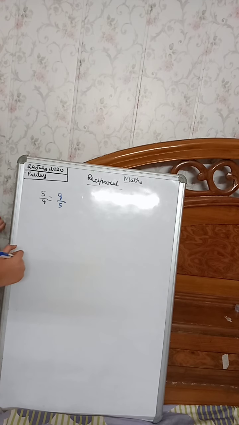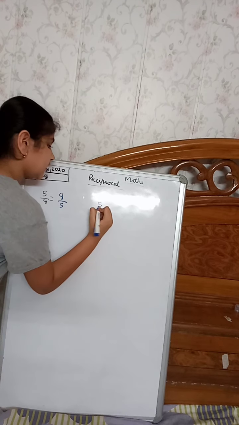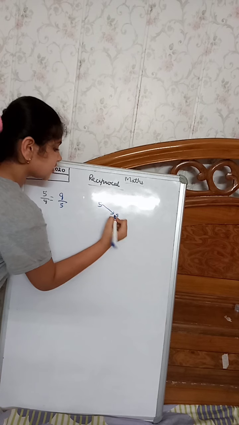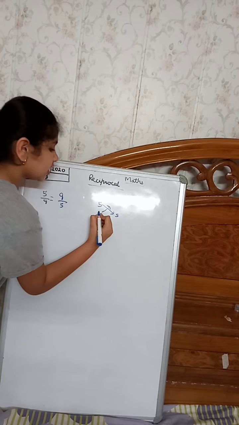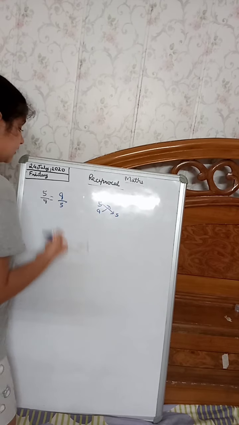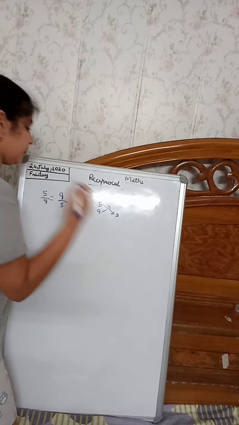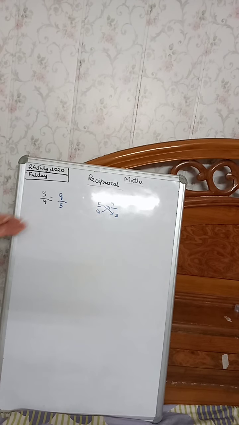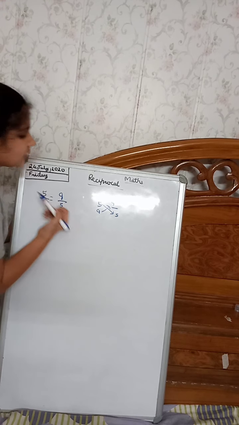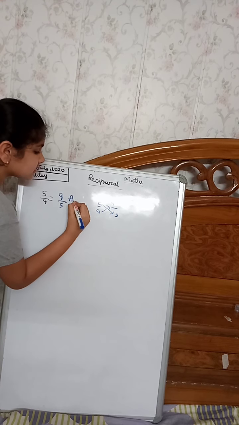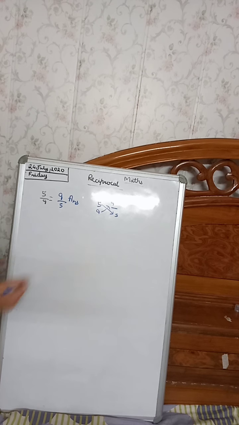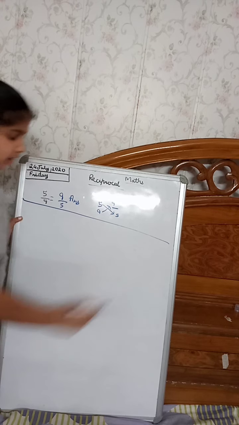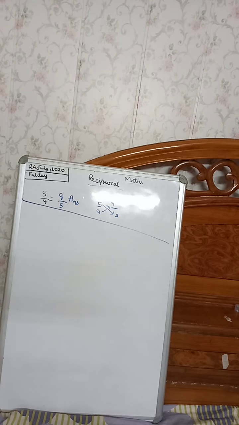What we have done is we have switched the fraction. 5 was a numerator; I have switched it into a denominator. 9 was a denominator; I have converted it into a numerator. So this is our answer. It's very easy. Now we will go to a mixed fraction.